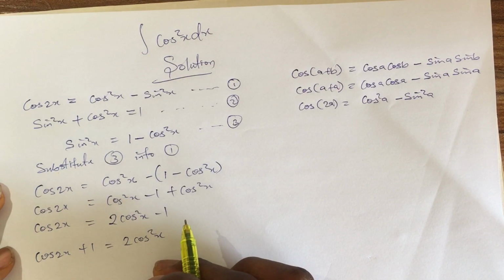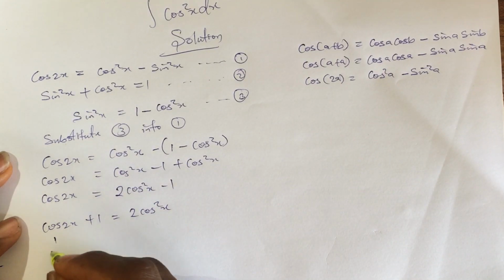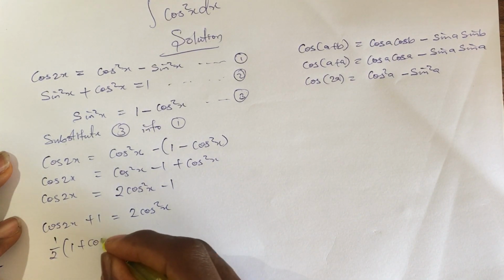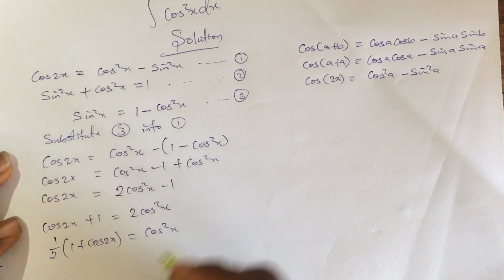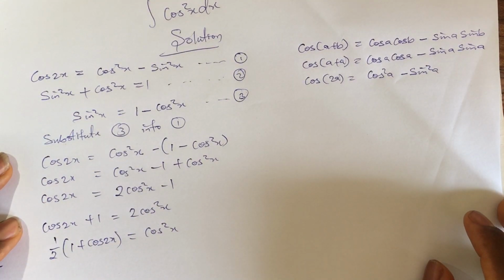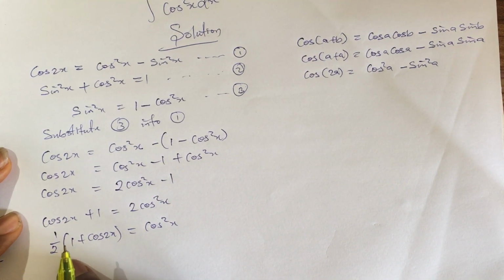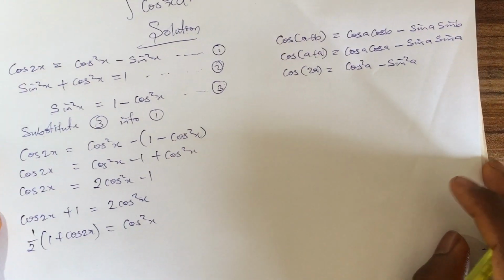Making cos²x the subject of the formula, we multiply all through by 1/2. So therefore we have 1/2 in the bracket of 1 plus cos 2x, which is equal to cos²x. So in other words, you can actually substitute 1/2 in the bracket of 1 plus cos 2x for cos²x.